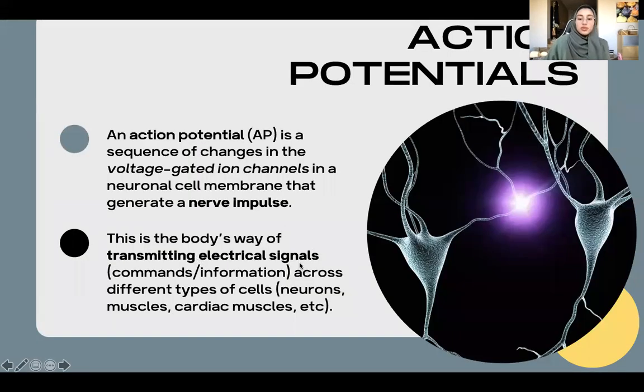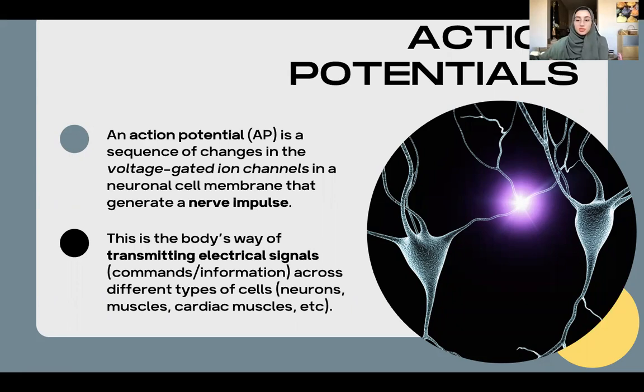Now when we talk about action potentials, I already told you in the beginning of the lecture that everything in our body needs information in order to happen. Action potential is one of the ways that we transmit that information in our body, specifically through the nerves. If I want to raise my hand, I need an action potential to go from my brain to tell my muscle to contract in order for this movement to happen.